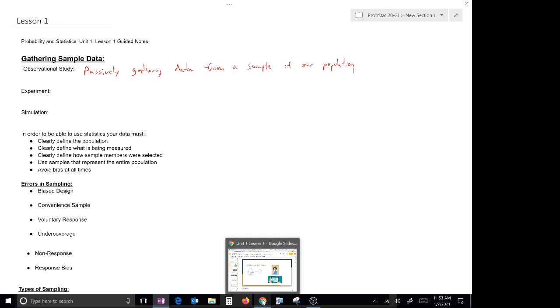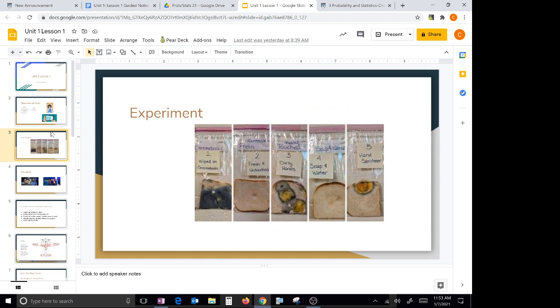An experiment. This is where we're actually actively engaging with our subjects. We are changing the environment, usually with a control that isn't changed, and we're observing the effects. So this example here is just experimenting.